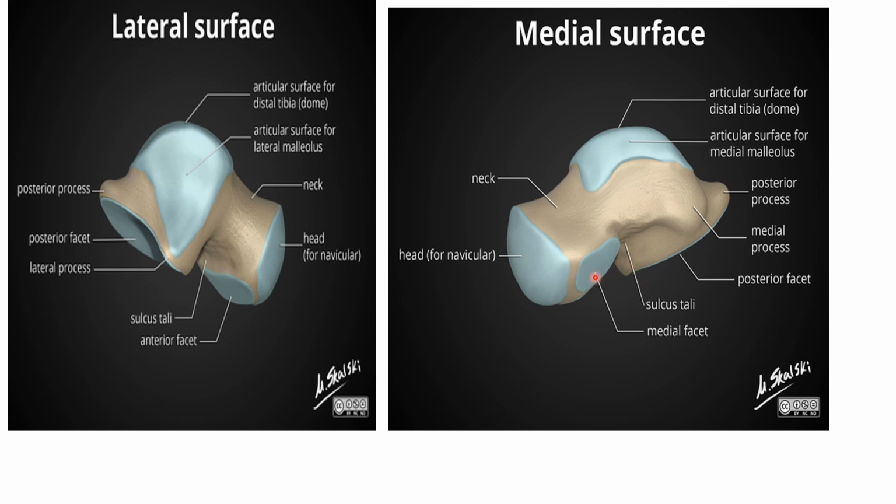So this is the medial facet, this is the middle facet and this is the posterior facet. They are separated by a groove known as the sulcus tali. So these are the features of the inferior surface of the talus bone.